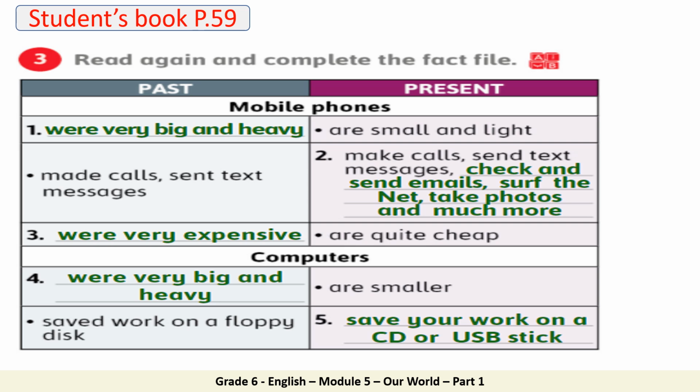Okay, second part here we have computers. Computers in number 4 in the past were very big and heavy. And on the right side, computers in the present, they save your work on a CD or a USB stick.